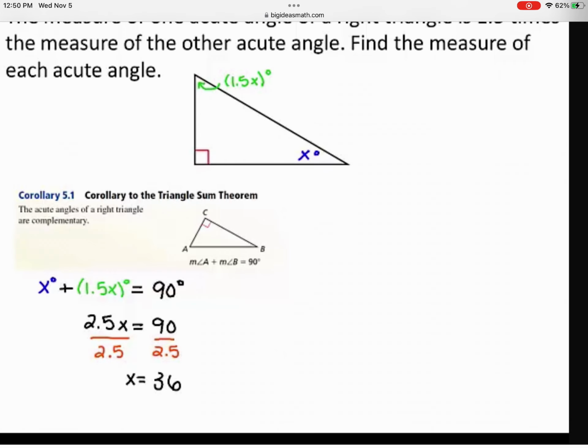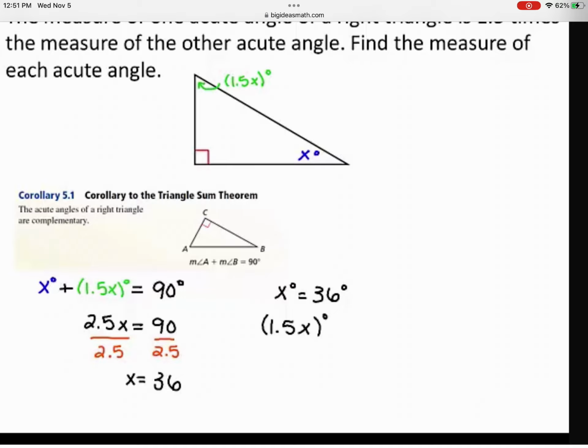Now, from the diagram, the measure of one acute angle is x degrees. You found the value of x to be 36. So, the measure of one acute angle is 36 degrees. Next, the measure of the second acute angle is 1 5/10 x degrees.